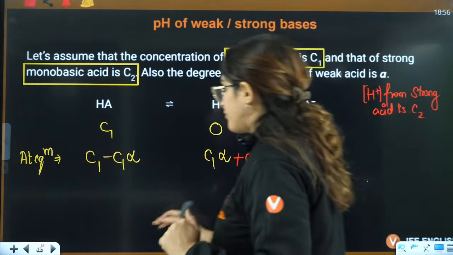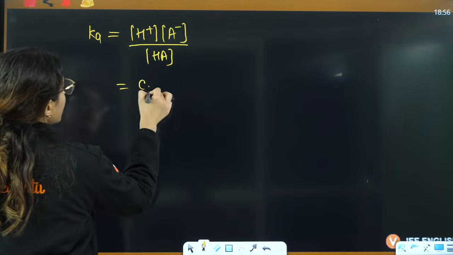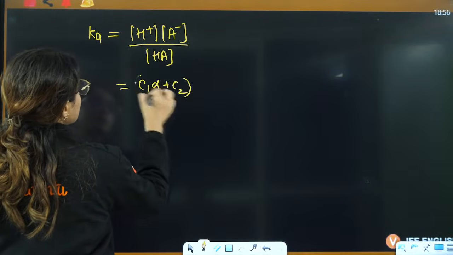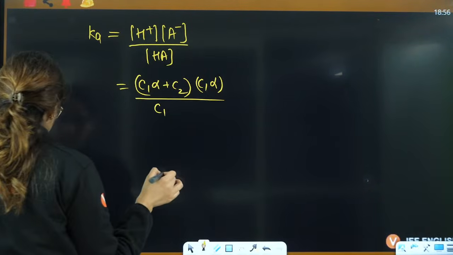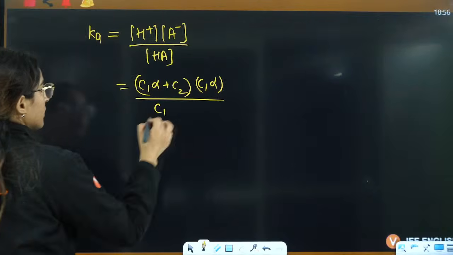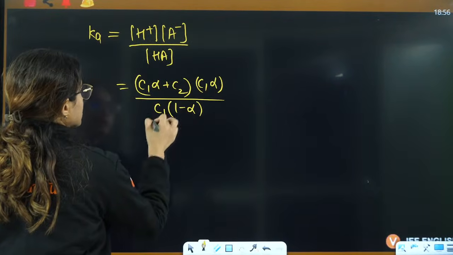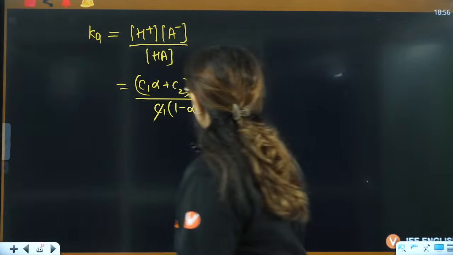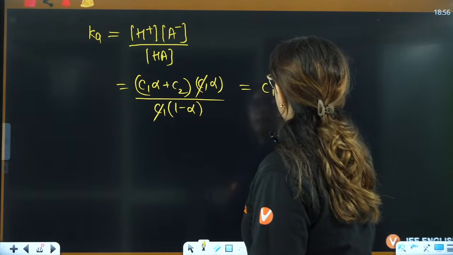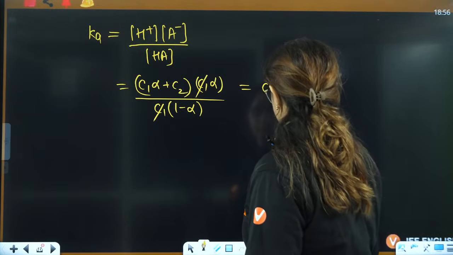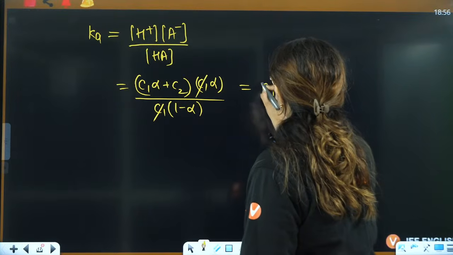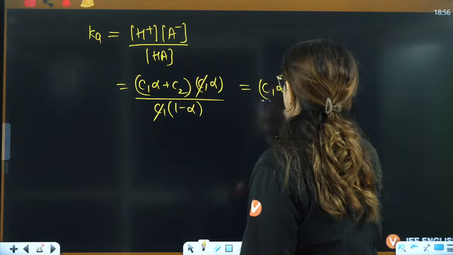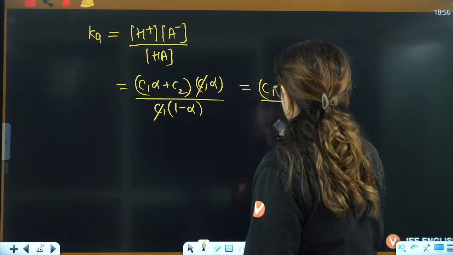The HA is C1 into 1 minus alpha. C1 will cancel here. So this will become C1 alpha plus C2, into alpha, divided by 1 minus alpha.